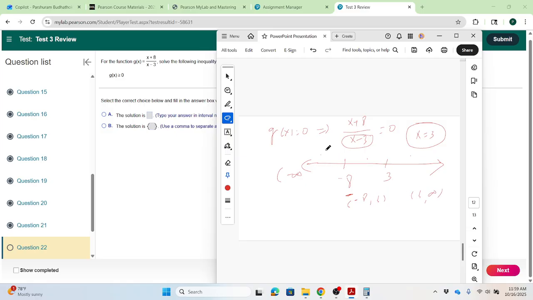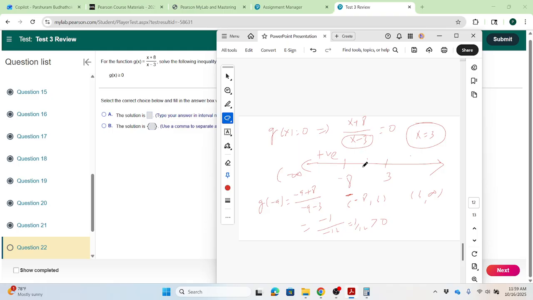So just take a testing point from here, let's say negative 9, and find out the value of the function at negative 9. The value of the function at negative 9 is negative 9 plus 8 divided by negative 9 minus 3, which is negative 1 divided by negative 12, which is a positive value. So here the function is positive. That's what we want to find.